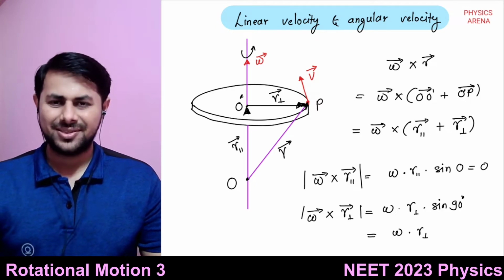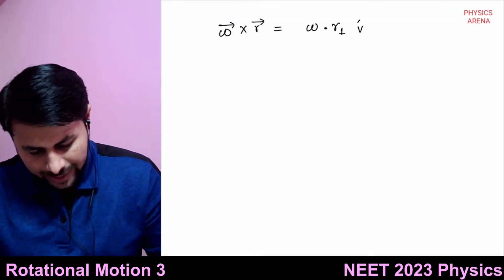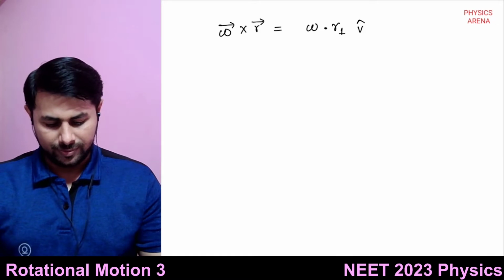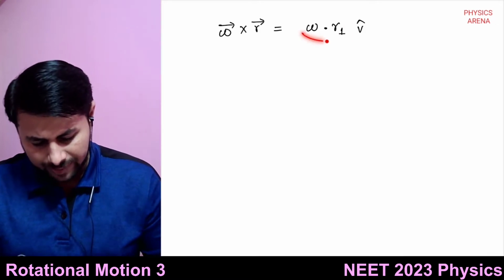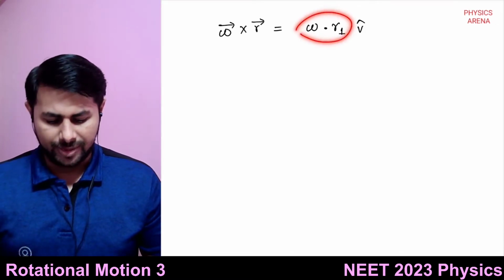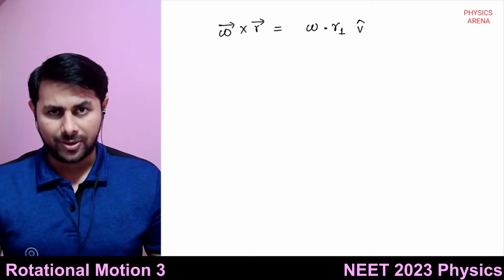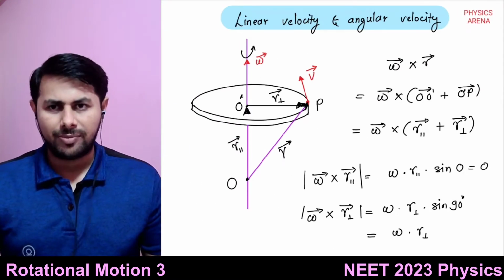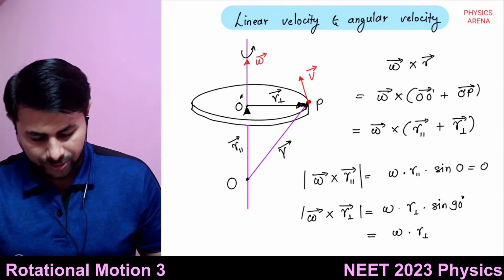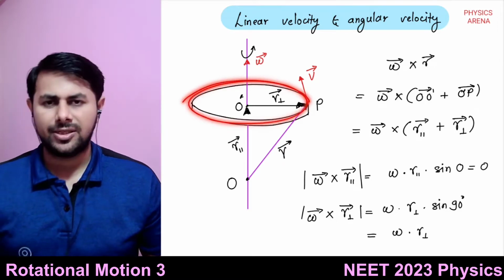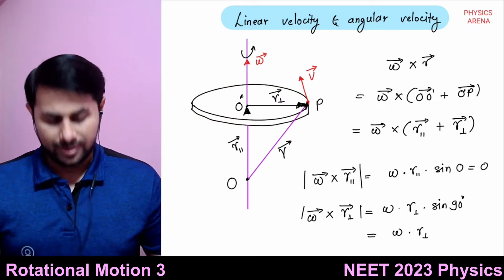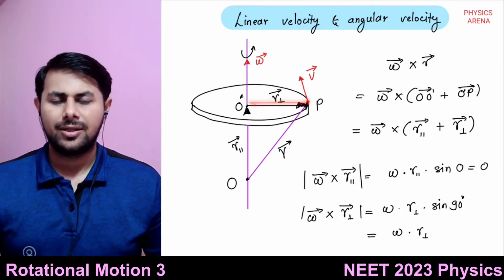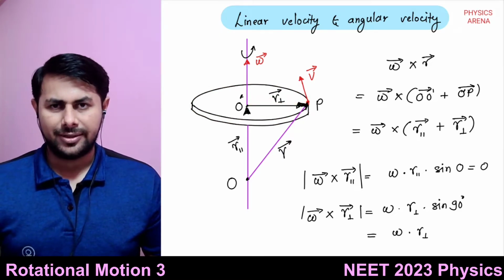So are you getting this? It will be directed along V bar. And you can see this magnitude, omega multiplied by R perpendicular, is equal to V, the magnitude of V bar, because in circular motion V is equal to what? R times omega. That means radius multiplied by the angular speed, right?